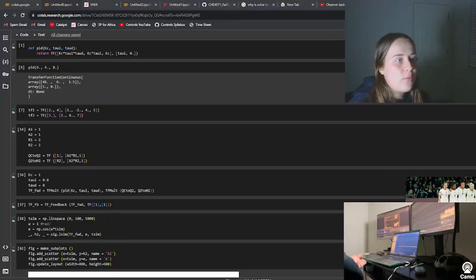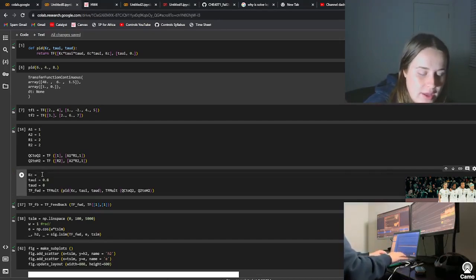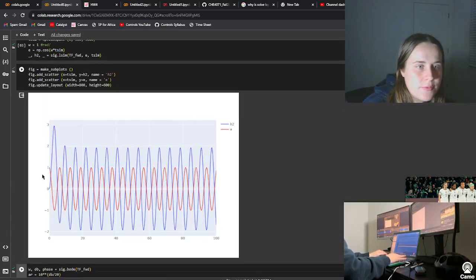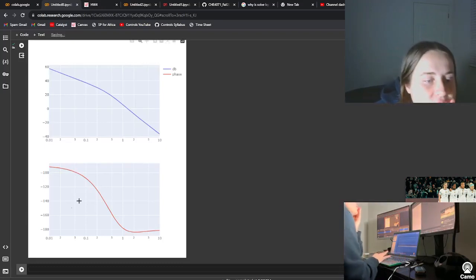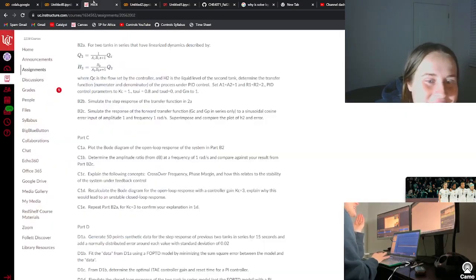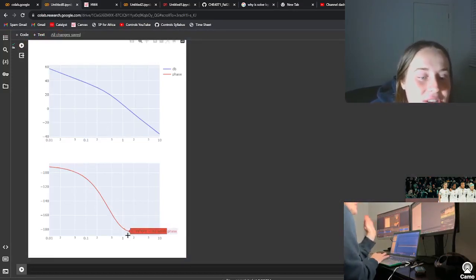Okay, so now if we want to put Kc equal to 3, and see how this changes the stability of our feedback controller. We'll put this equal to 3 and go through all these. Crossover frequency, sorry, I was trying to say crossover frequency.